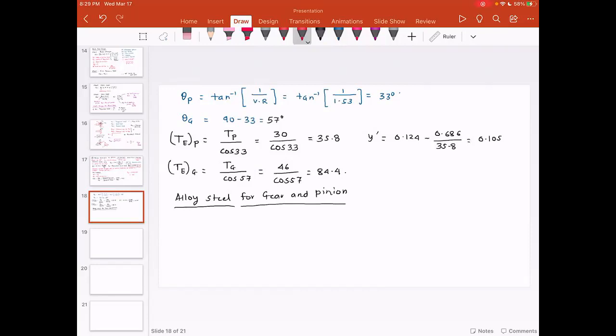And then value of sigma O is 140 megapascals, which is 140 Newton per millimeter square. So first we need to find out the value of torque. Torque is equal to P divided by 2 pi n by 60. And we are going to design the pinion. So I'm going to use the speed of the pinion.